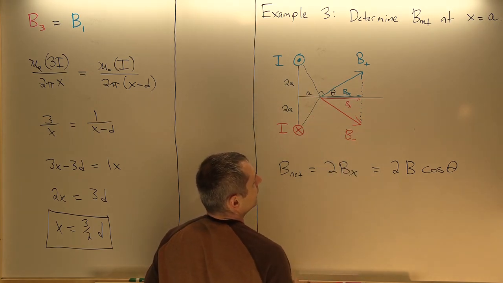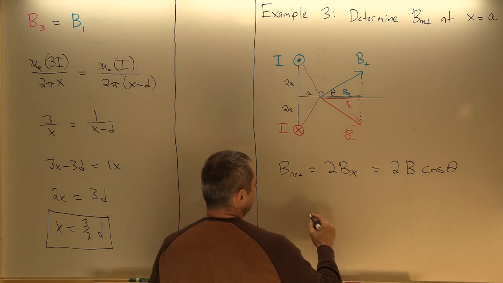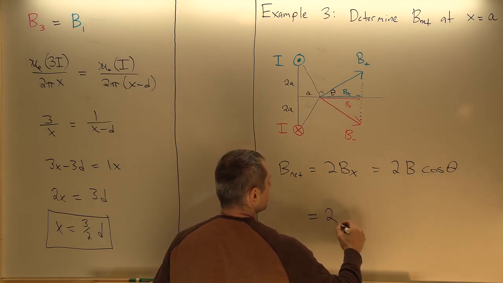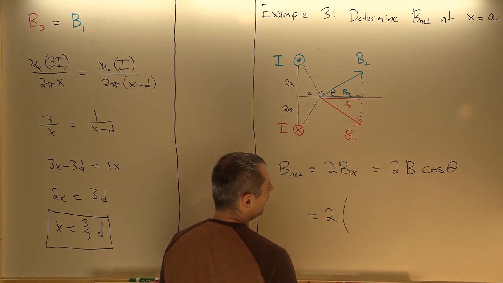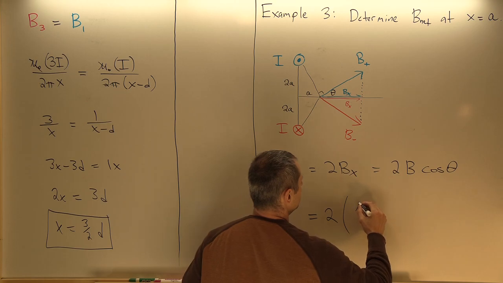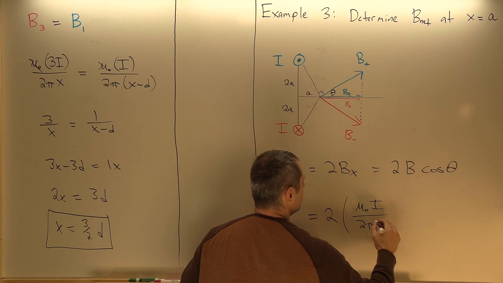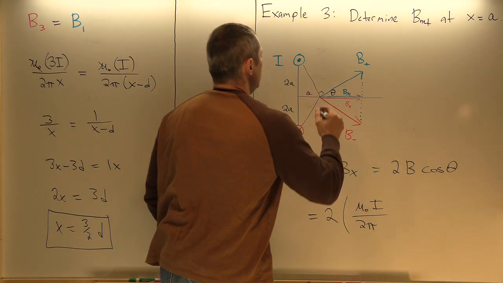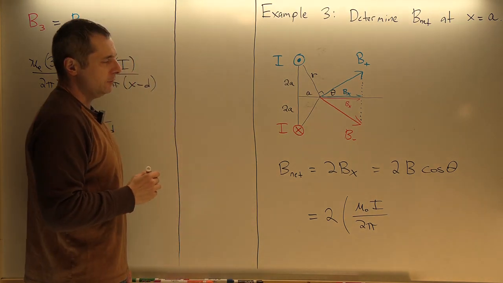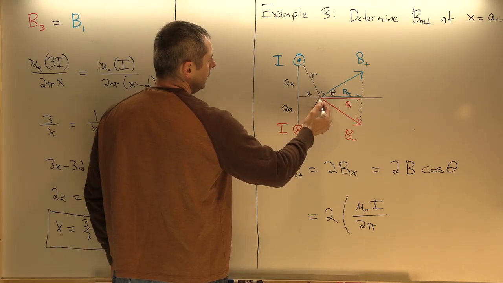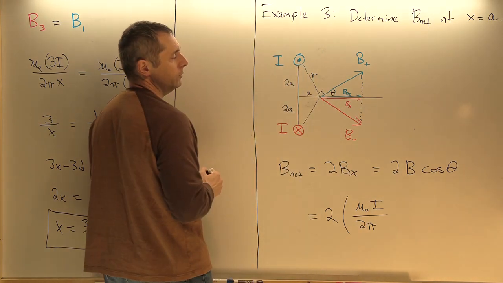So that's how I find the net magnetic field. I'm going to find the length over here, and then multiply by cos theta, multiply by 2. Let's fill in the pieces. So the formula for B, well, I erased it, but remember it's mu 0 I over 2 pi r. But r is right here, which I'm going to have to plug in from the Pythagorean theorem from the data given: this squared plus this squared, square root.